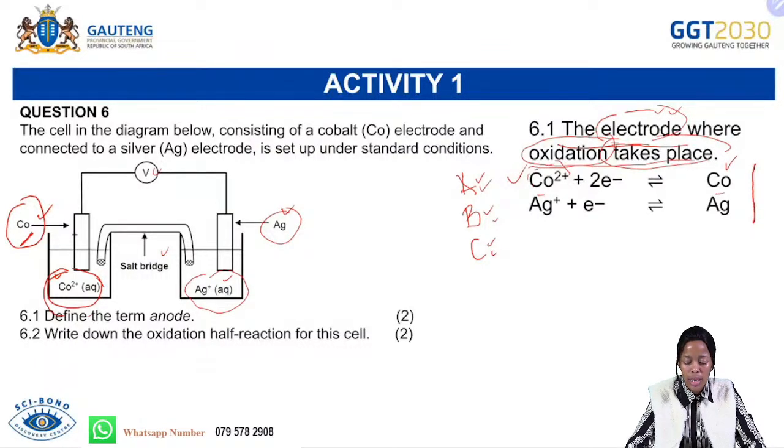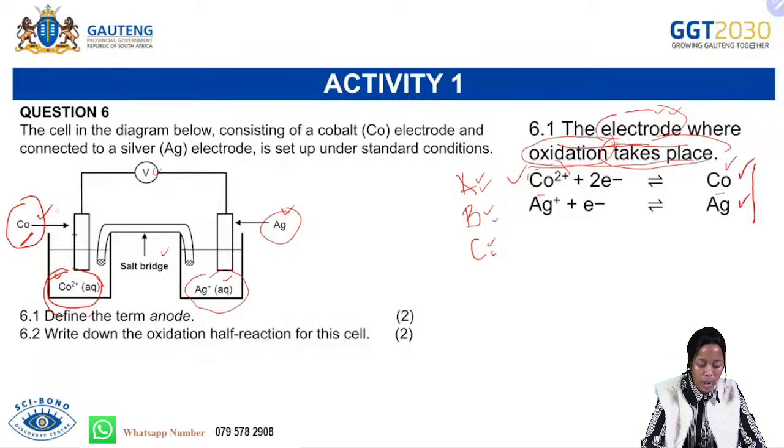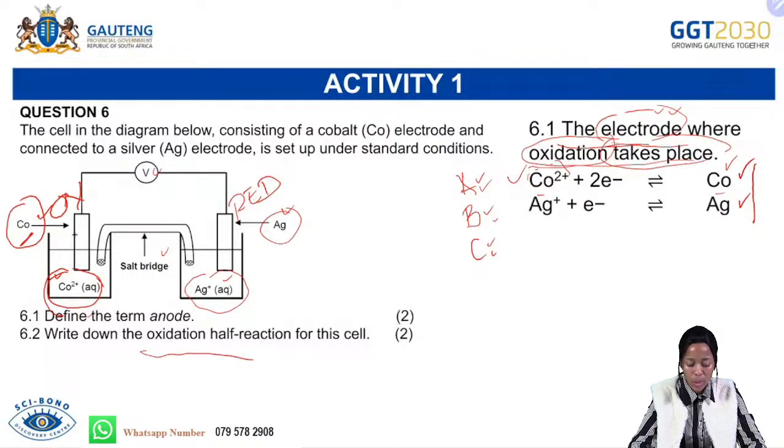So if you go and look at your table 4B, you will see that it is arranged as follows: the cobalt is at the top and the silver is at the bottom. So the cobalt will undergo oxidation, and the silver is going to undergo reduction. Once you are able to differentiate which one is undergoing oxidation and which one is undergoing reduction, you can come back and answer this question: write down the oxidation half reaction.